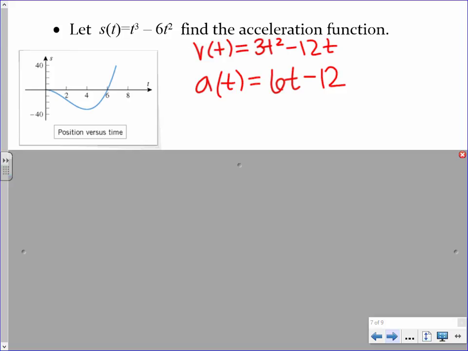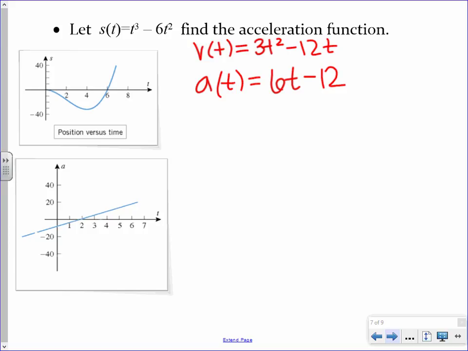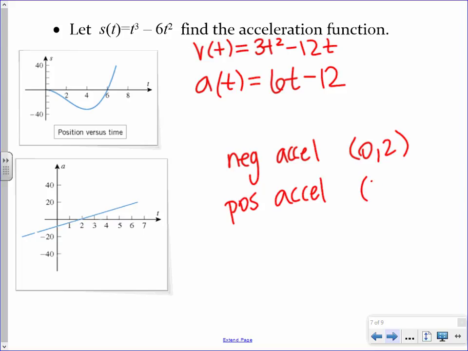Which is right there. Essentially, we have negative acceleration from 0 to 2 and positive acceleration from 2 to 8.